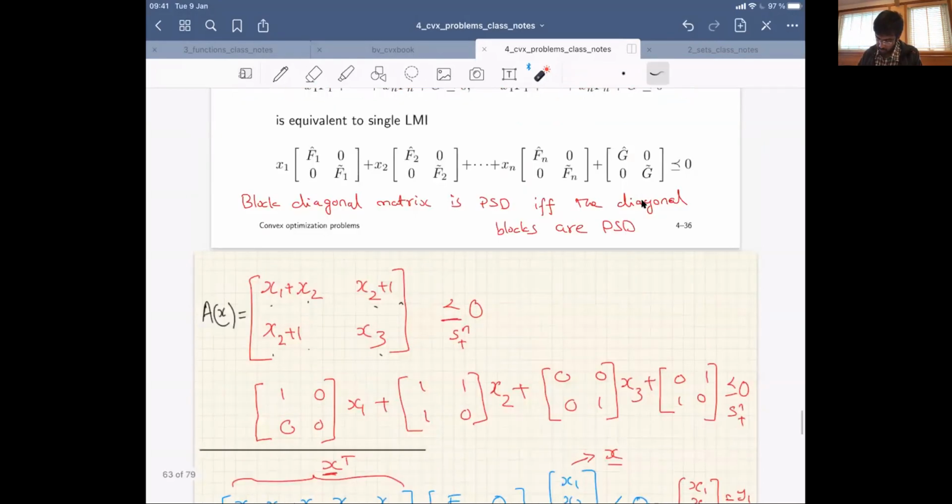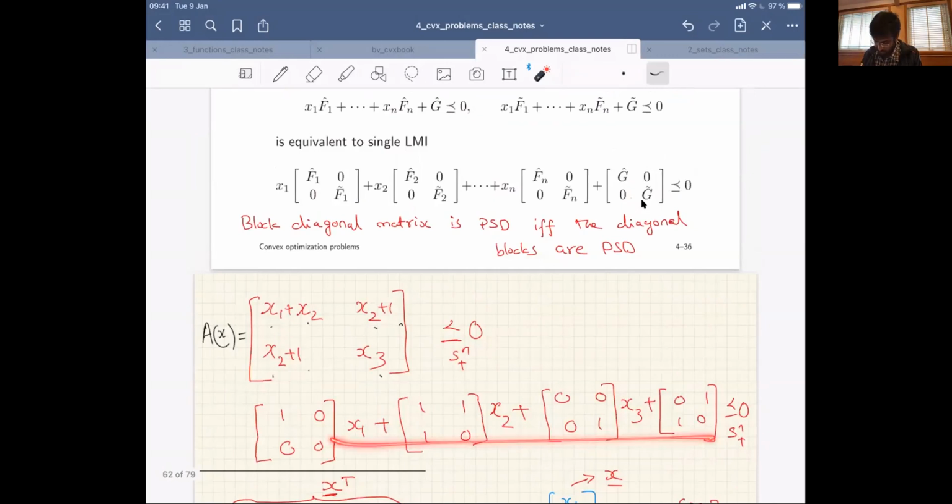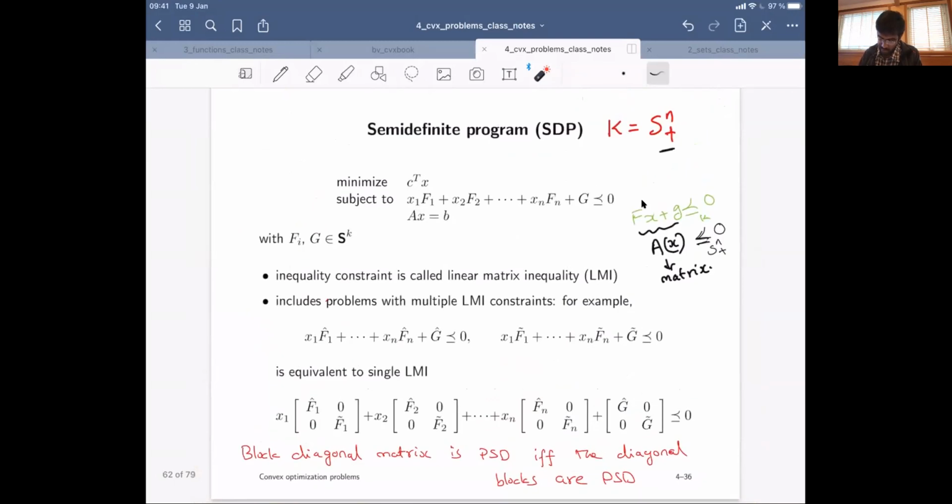So this is a convenient, common way of representing such an inequality: x1 F1 plus x2 F2, and so on, plus a matrix G is less than or equal to 0. This sort of inequality is called a linear matrix inequality. We already saw this in one of the previous lectures.